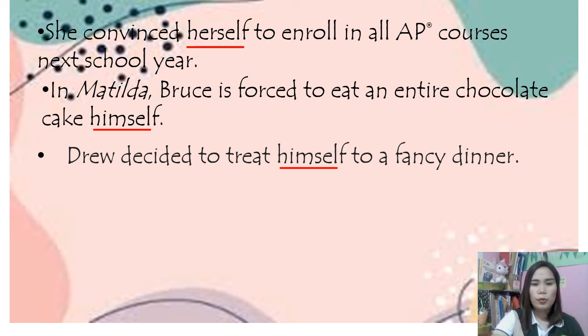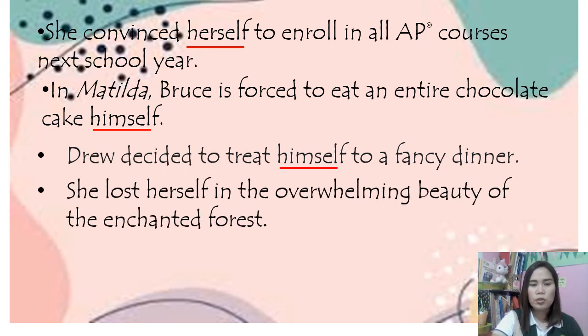Okay. So next we have sentence number 4. She lost herself in the overwhelming beauty of the enchanted forest. So our pronoun here is herself. Okay. And herself here acts as a direct object. She lost who? Herself.